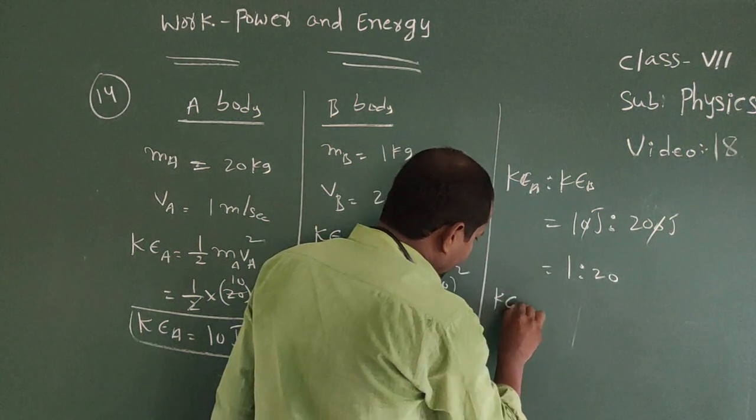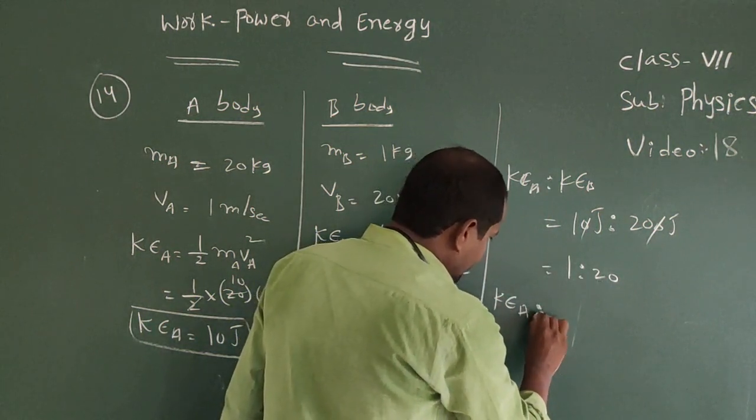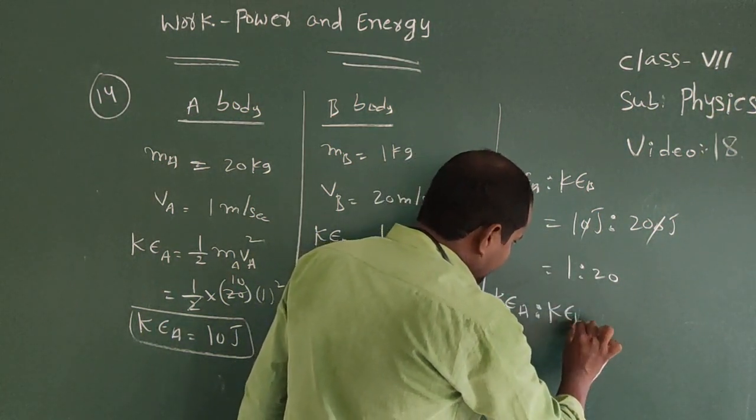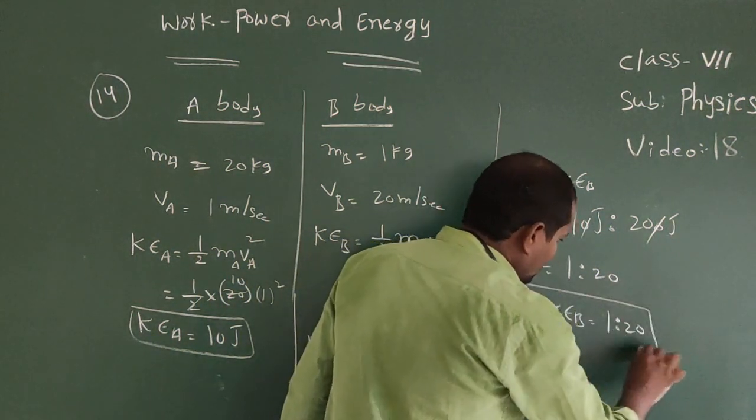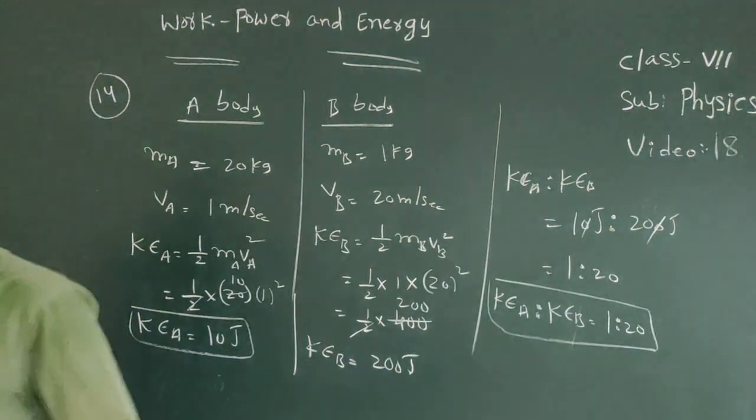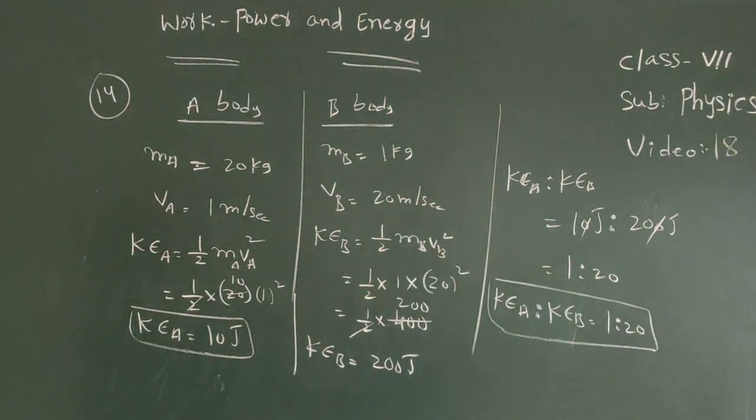So kinetic energy of first body, A body, and kinetic energy of second body is 1 is to 20.